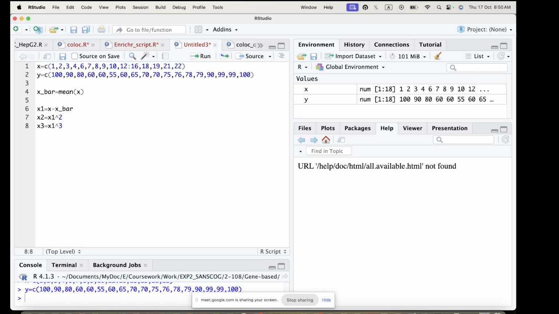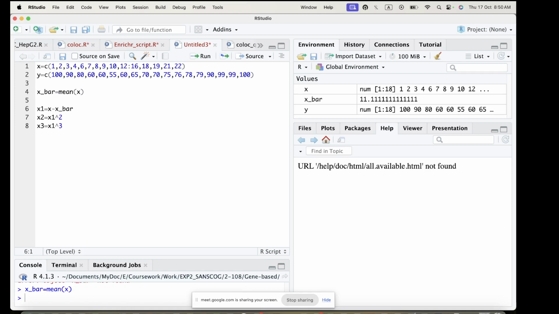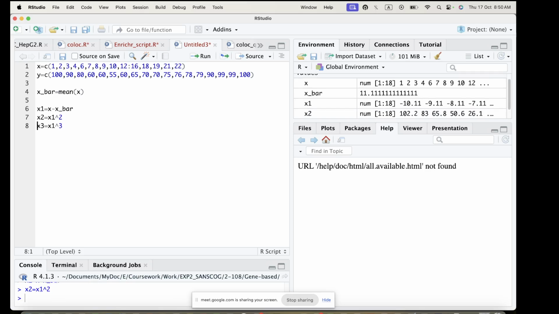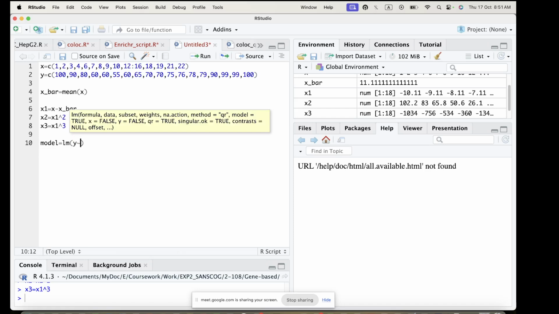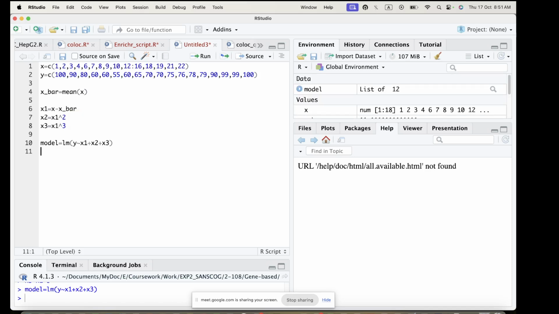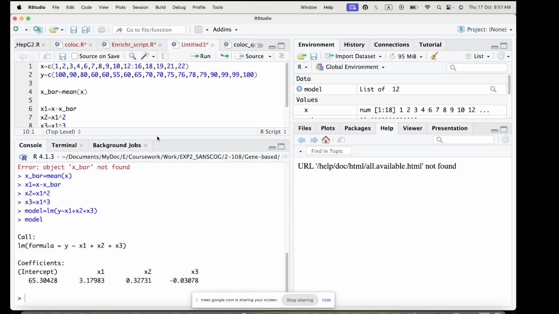This is x bar 11.11, x1 minus x bar, x2 the whole square, and x3 the whole cube. Now all we have to do is fit our model, which is lm y on x1, x2 and x3.